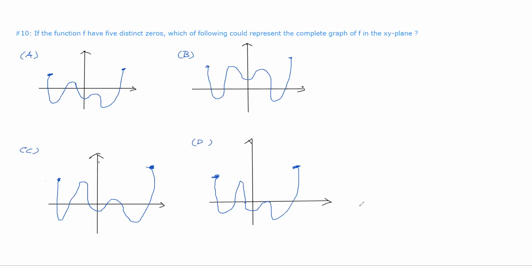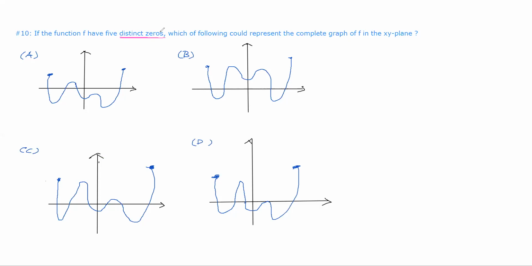Now this one is a very interesting problem. Let's say this function has 5 distinct zeros, or distinct roots. Which of the following could represent a complete graph of f in the xy-plane?